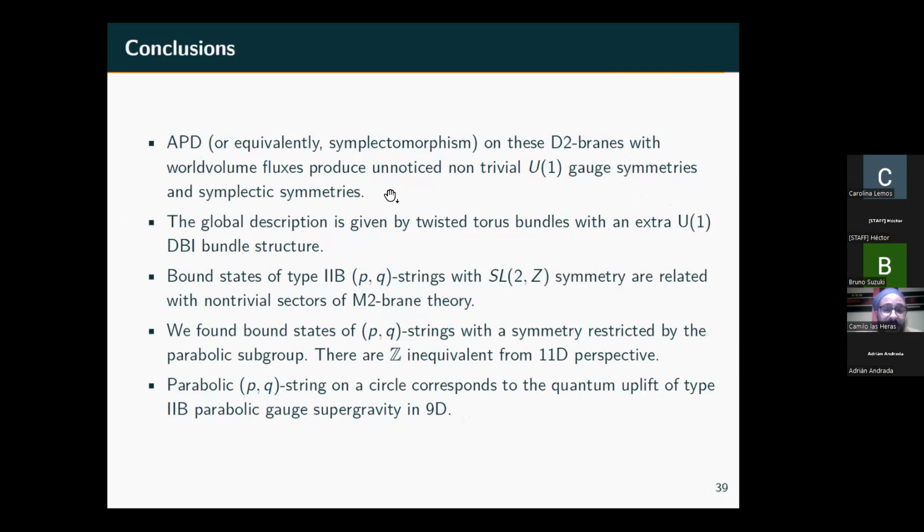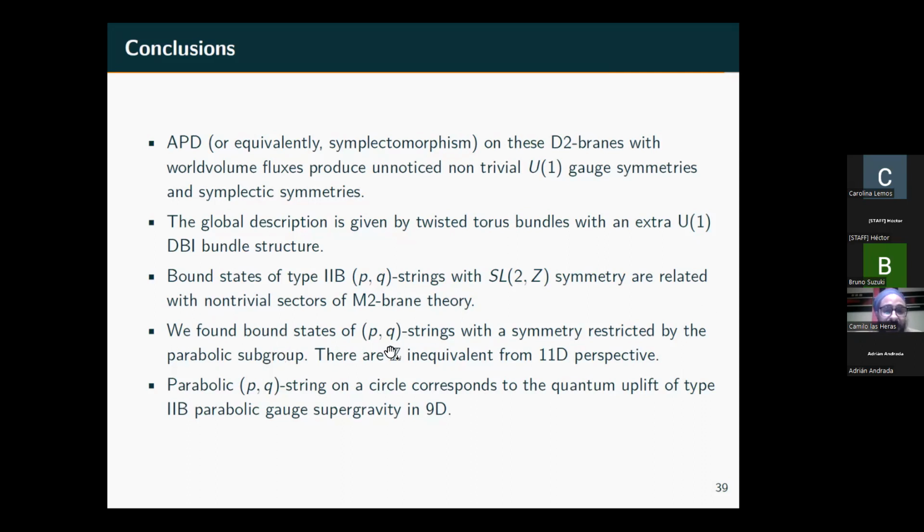The global picture is given by twisted torus bundle with an extra U1 bundle structure related to the Dirac-Born-Infeld gauge symmetry. Bound states of type 2B PQ string with SL2Z symmetry are related with non-trivial sectors of M2 brane theory.